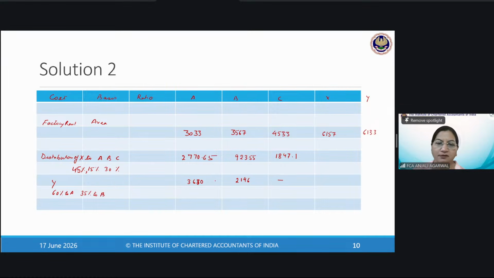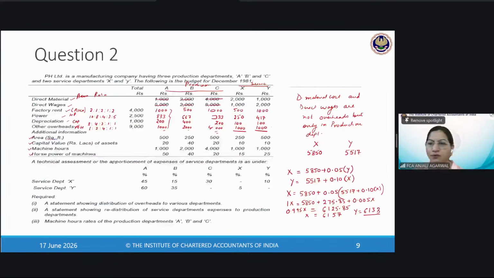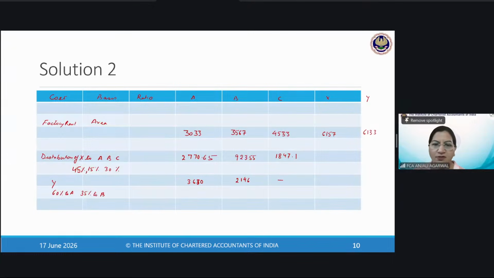And nothing here. When you add these three, it should total to these three plus these two. It will add total to only these two figures. So always verify your answer. 11,367. So add all these five figures. This should be 11,000, that much.